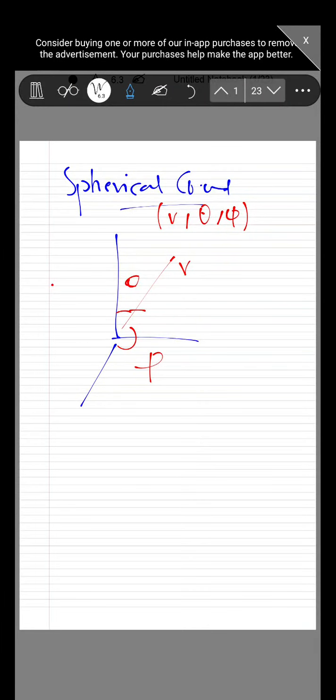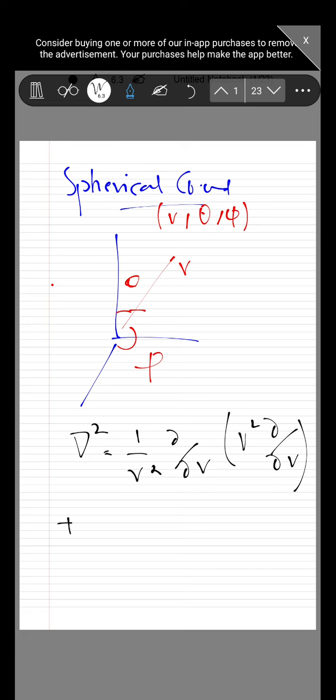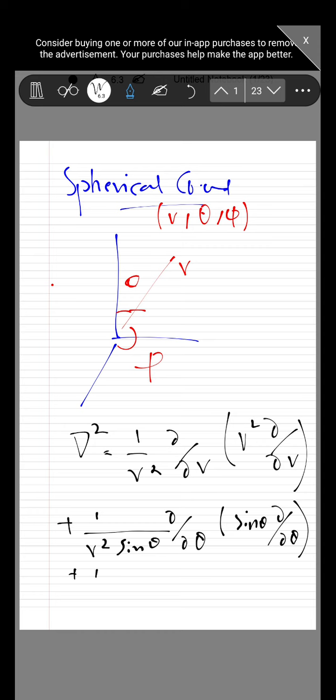Here, del square is represented as 1 by r square del by del r of r square del by del r plus 1 by r square sine theta del by del theta of sine theta del by del theta plus 1 by r square sine square theta del square by del phi square.